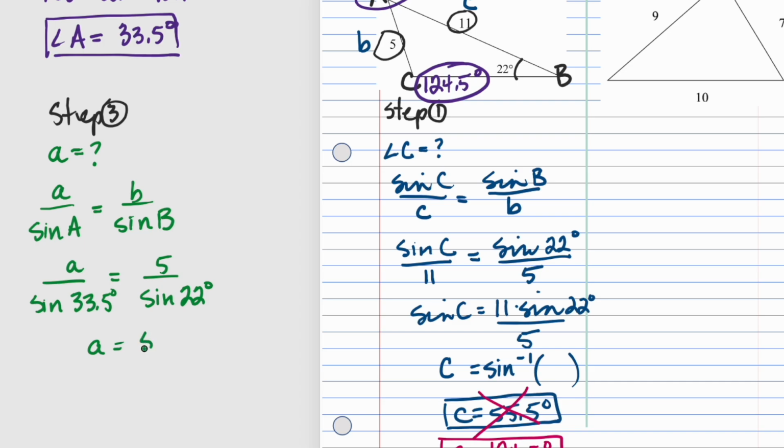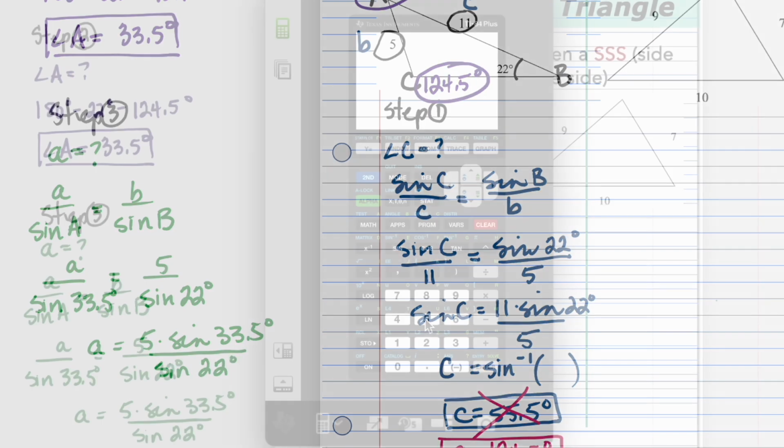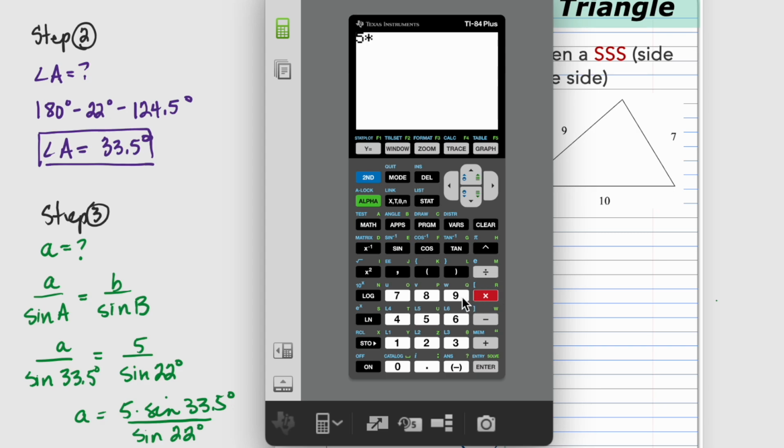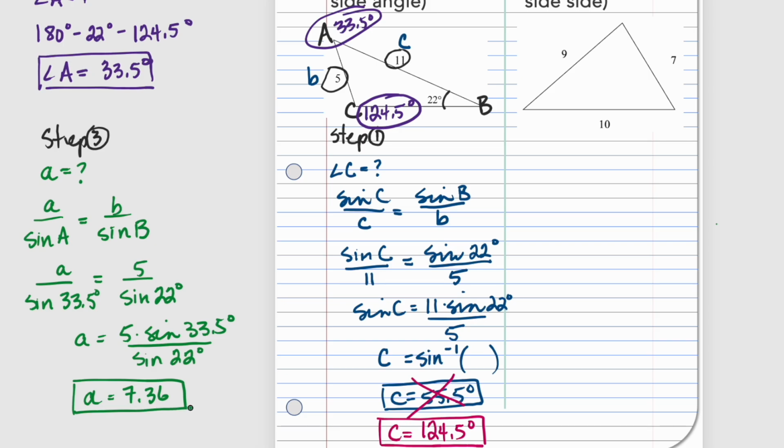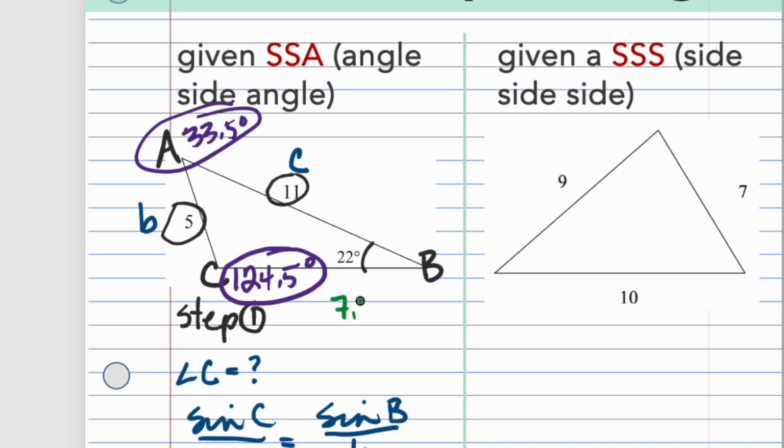A is equal to 5 times sine of 33.5 degrees over sine of 22. 5 times sine 33.5 equals, divided by sine 22, 7.36. A is 7.4, right there.